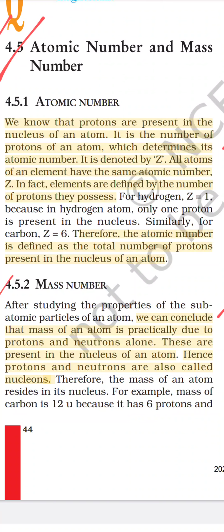Now we will discuss mass number. After studying the properties of subatomic particles of an atom, we can conclude that the mass of an atom is practically due to protons and neutrons alone. These are present in the nucleus of an atom. Hence, protons and neutrons are also called nucleons.